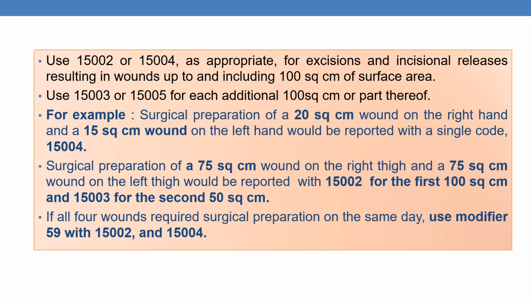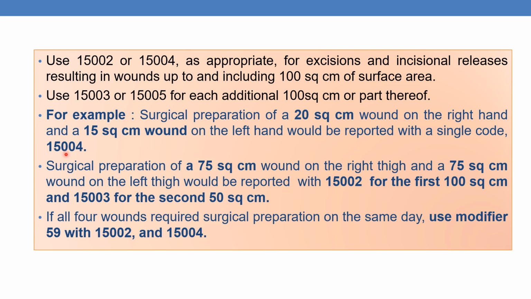Surgical preparation of a 20 square centimeter wound on the right hand and a 15 square centimeter wound on the left hand would be reported with a single code, 15004, because 15 plus 20 is 35 square centimeters, and 35 is less than 100 square centimeters. For that reason, you report one code only, 15004.